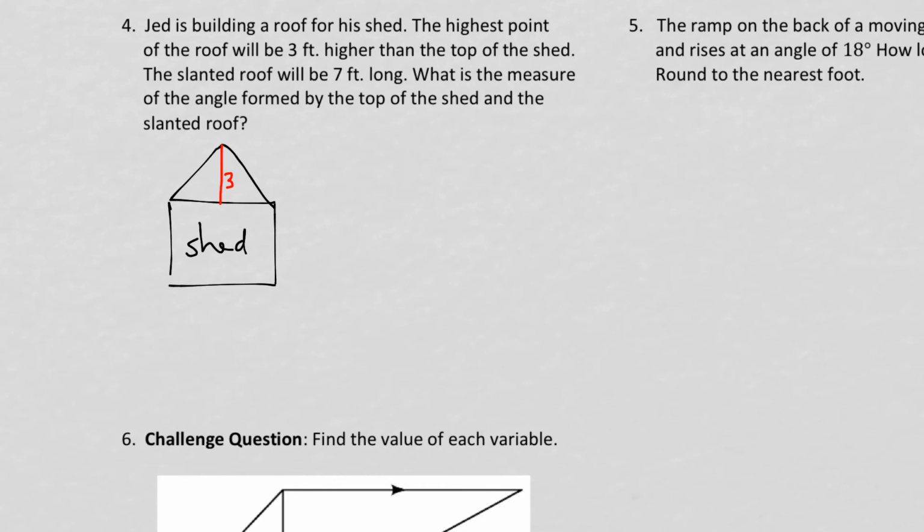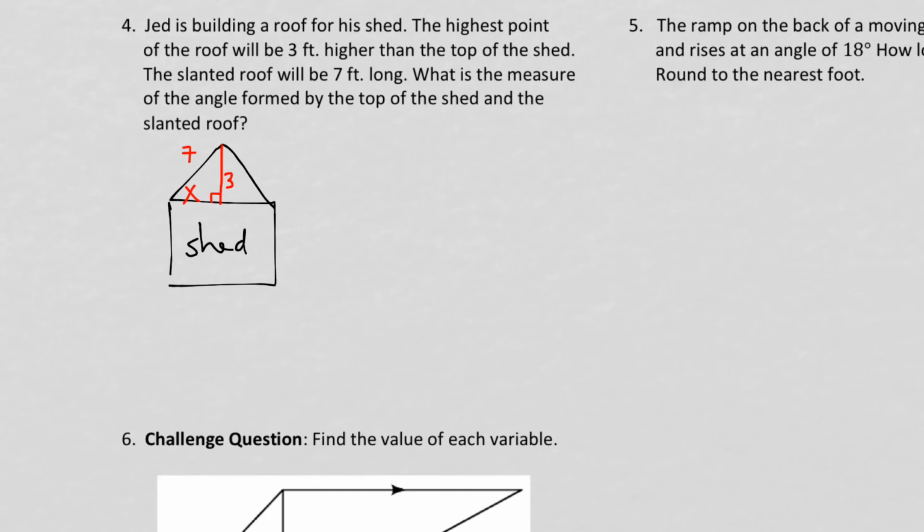Then it says the slanted roof will be 7 feet long. So this slanted roof here is 7 feet long. What is the measure of the angle formed by the top of the shed and the slanted roof? So I'm going to find out what is this angle here. So all of a sudden I can look at this picture as a right triangle.